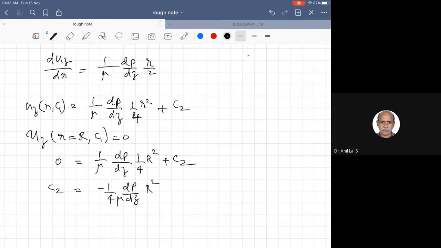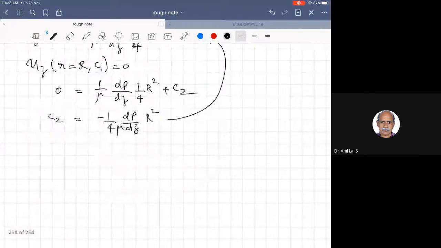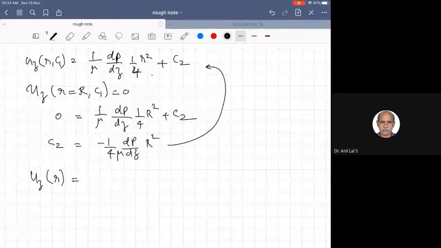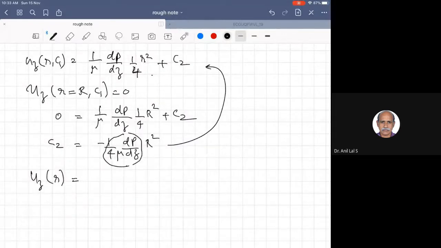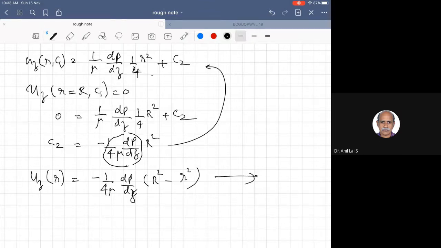Substituting that here, we get uz as a function of r only. These things are constant, so they can be taken outside: 1 by 4 mu dp by dz, with the minus sign taken outside, times r squared minus R squared. So this is the velocity distribution for the developed flow in the radial direction. This is the velocity variation.